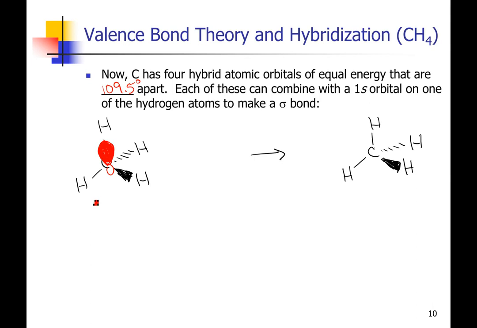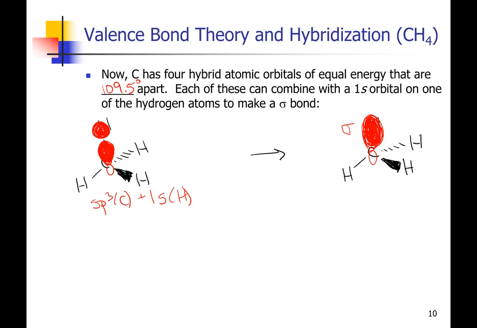So we have an sp3 on the carbon, and that is able to combine with a 1s orbital on the hydrogen. And that will make a sigma bond because it's an in-phase or constructive interaction, and it's sigma symmetric.